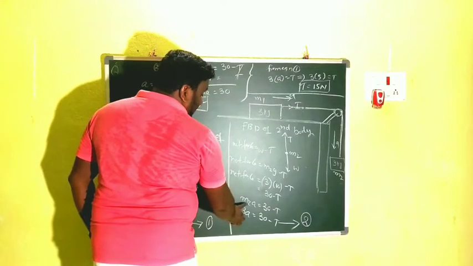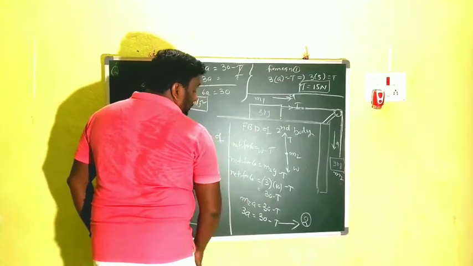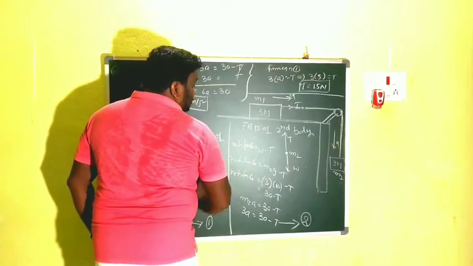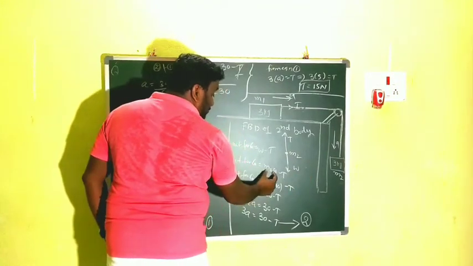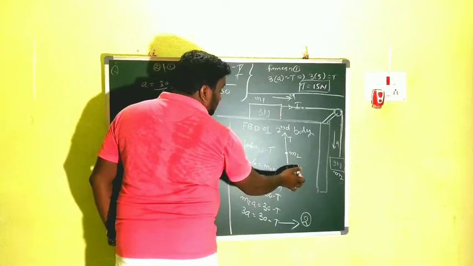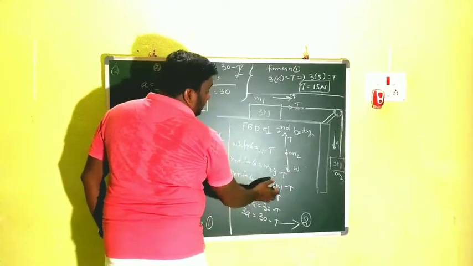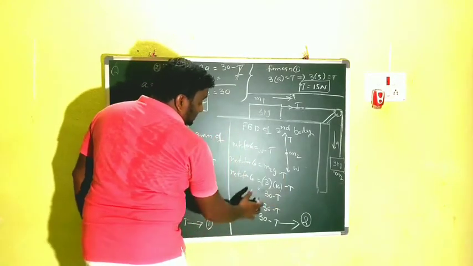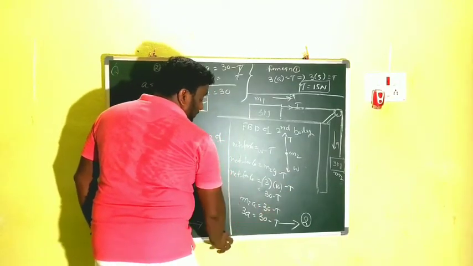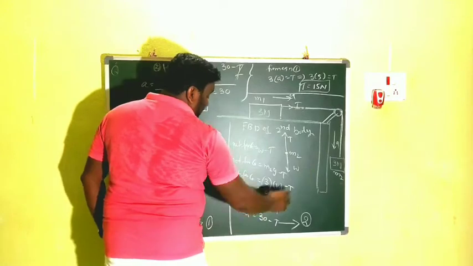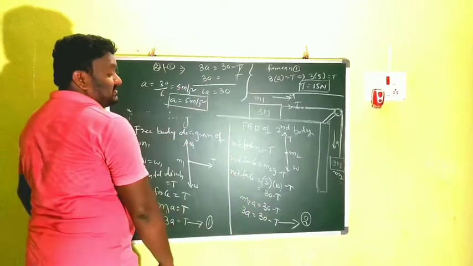Net force is equal to M2a. Weight is mg, so instead of m you write M2g minus T. Net force is M2g minus T. M2 is 3 and g value is 10. Then 30 minus T is equal to M2a. Here the M2 value is 3. 3a is equal to 30 minus T.